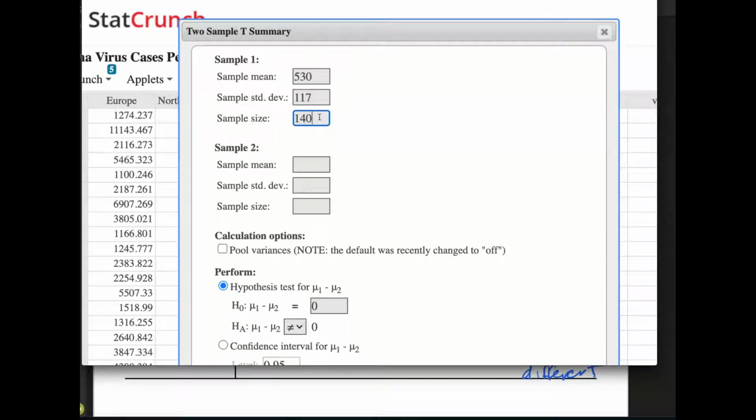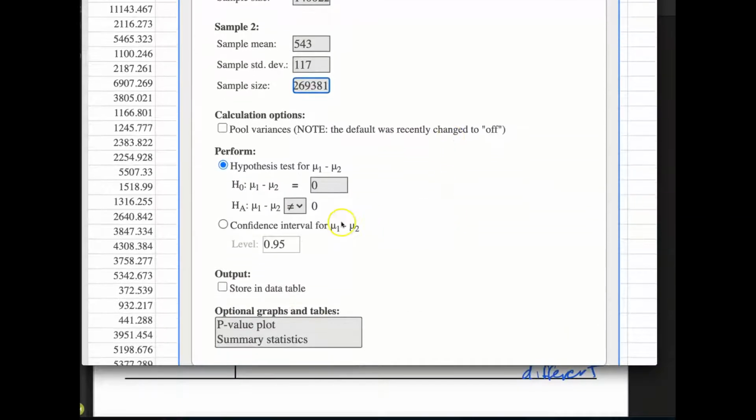So that's going to give us a lot of potential evidence, right, that maybe there is a difference between them. It's such a big sample. The other one was 543, standard deviation 117, and then again, a very big sample size that we put in there. But again, thinking about the effects of sample size, something we mentioned before in other lectures around that.